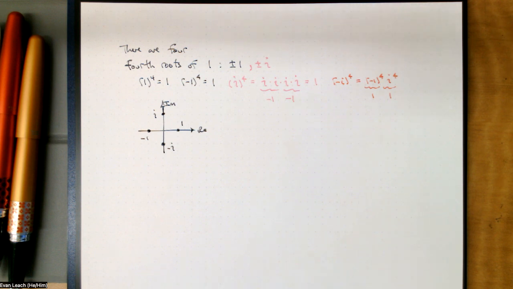What we want to notice is that these fourth roots, the four fourth roots, are 90 degrees apart.